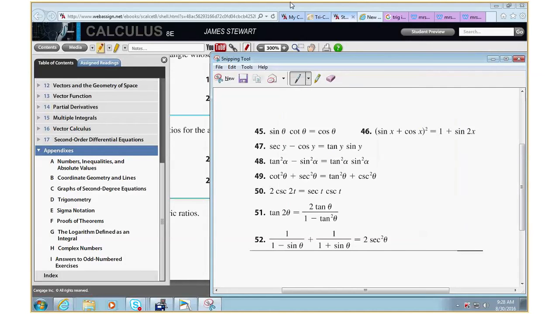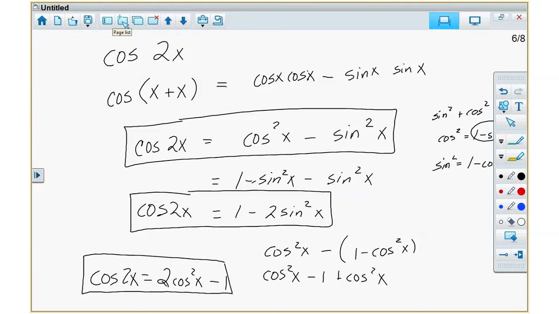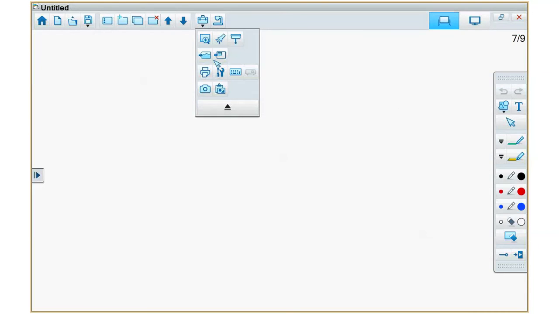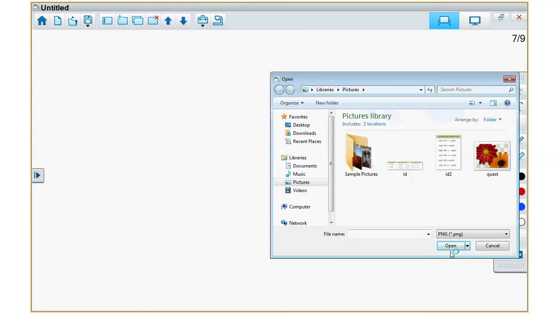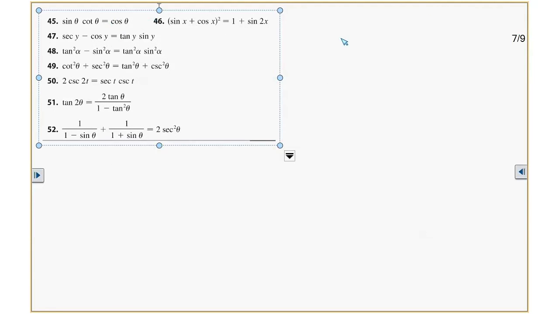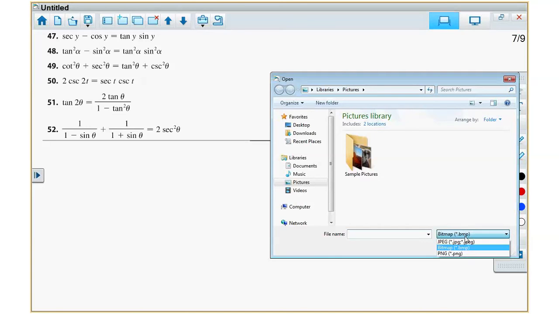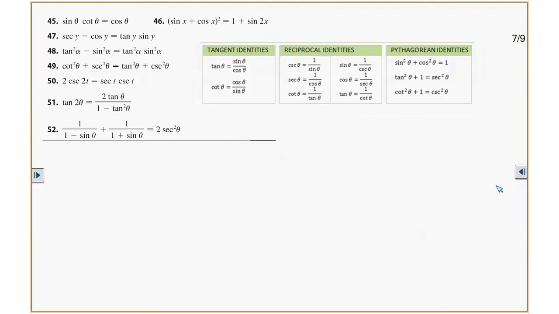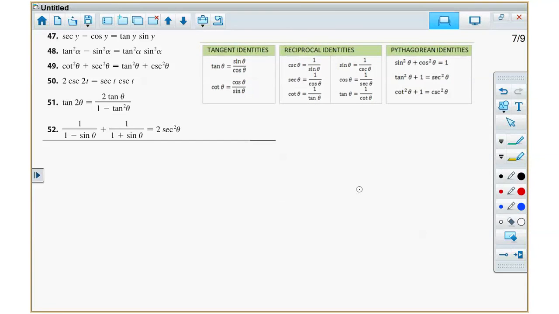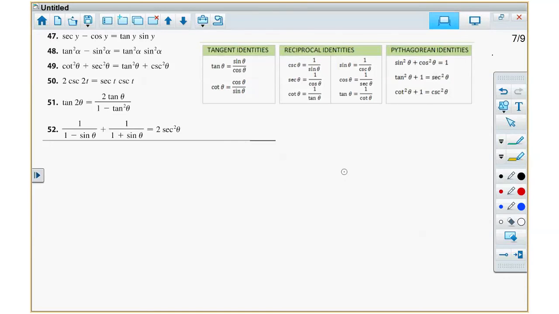But here's a handy dandy whiteboard. And while I'm at it, I'll go ahead and pull in our basics. All right, so let's do the first one.